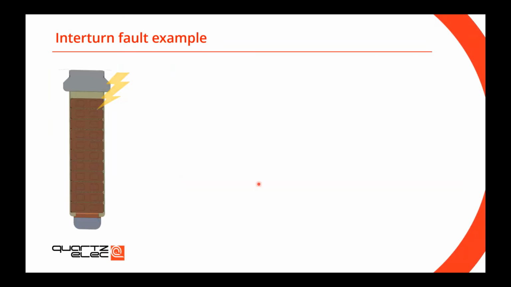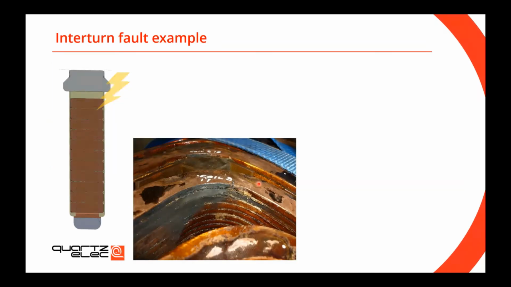Another good example, one of my favorite ones, is the interturn fault that appeared on the top turns in the overhang. So you can see the dark patch sitting here. And you might ask, what's the difference between the interturn fault here or somewhere down below in the coil stack? Well, have a look at this one.